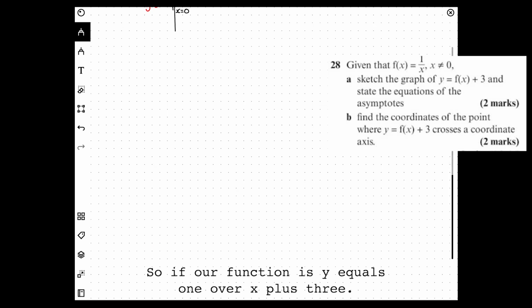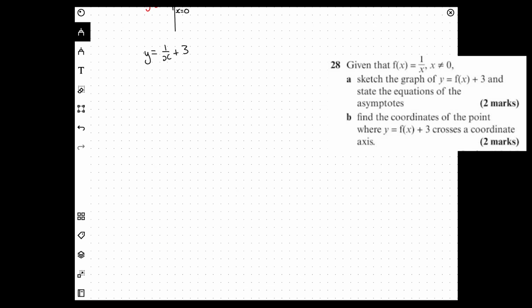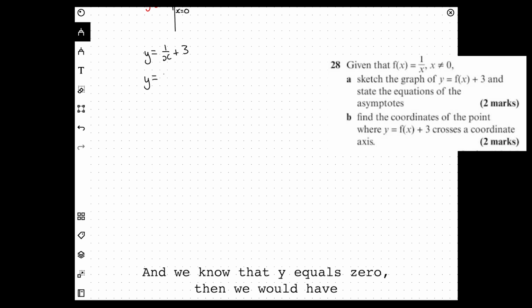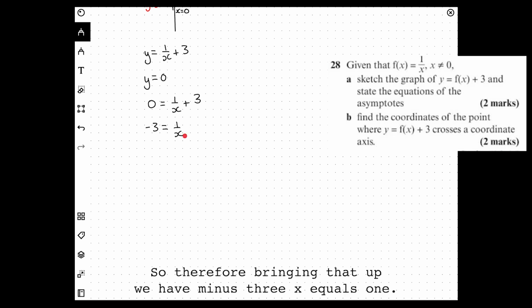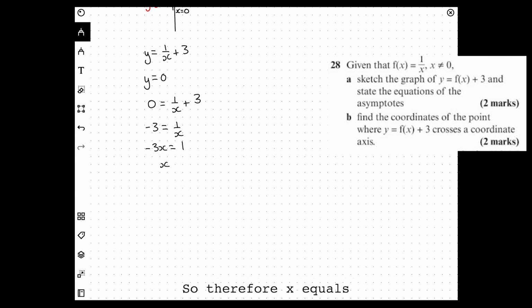So if y equals 0, then we would have 0 equals 1 over x plus 3, and we would then rearrange that. Minus 3 equals 1 over x, so therefore minus 3x equals 1, so therefore x equals 1 over minus 3, or minus a third.